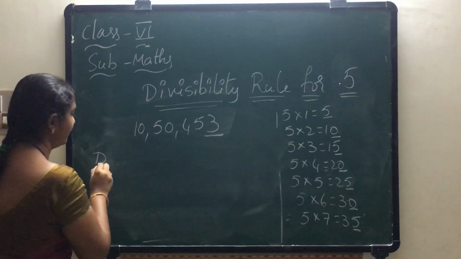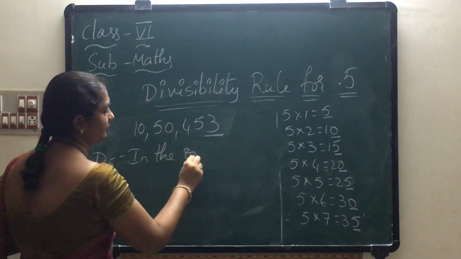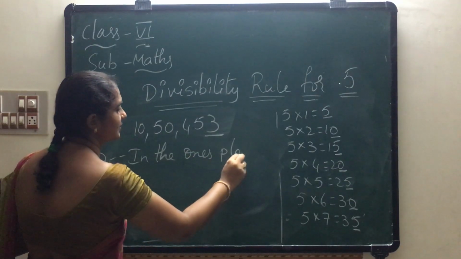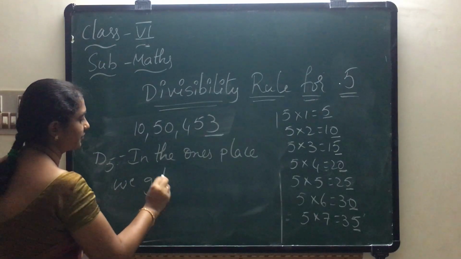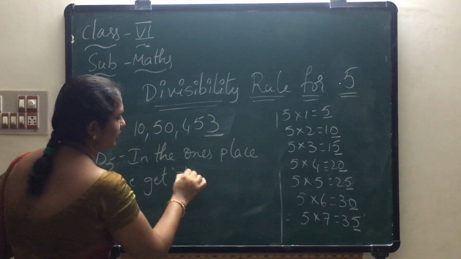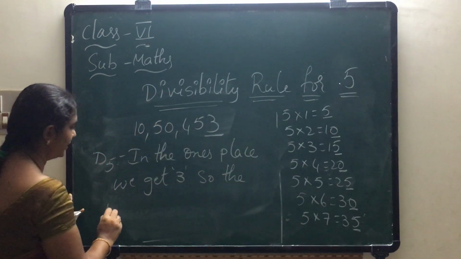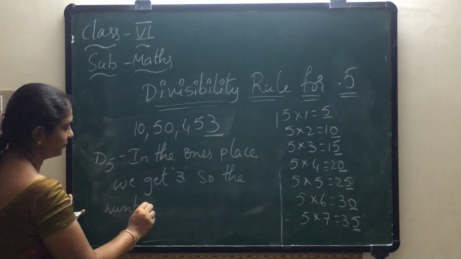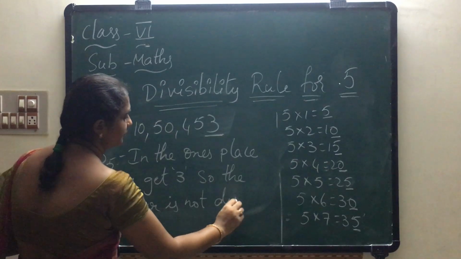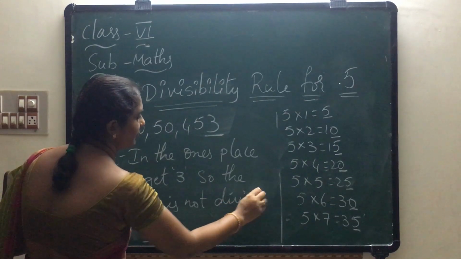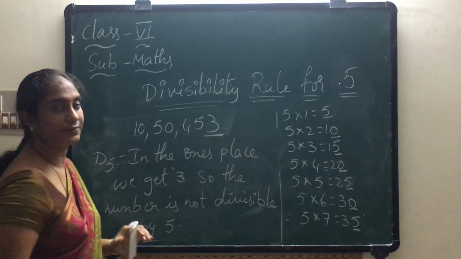Right. In the ones place we get 3. So the number is not divisible by 5.